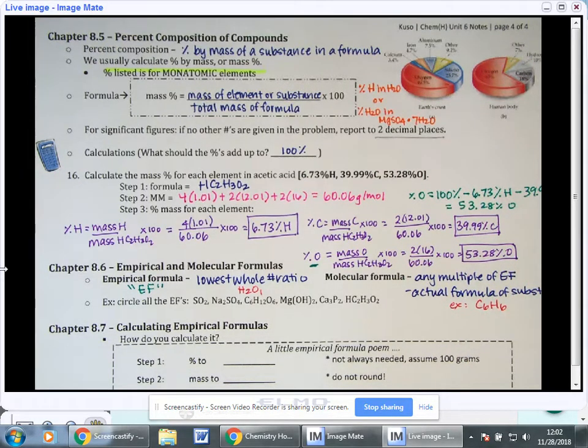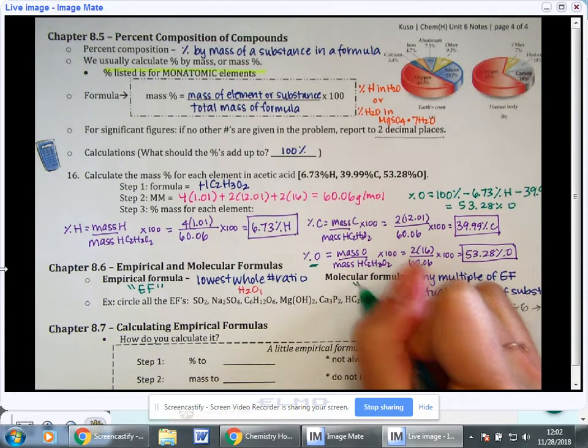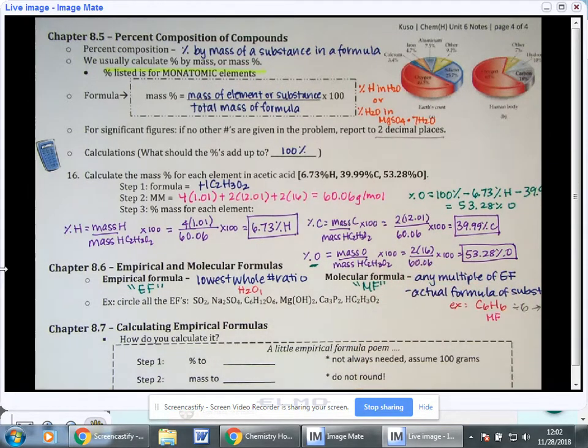If I have C6H6, that's called the molecular formula because you could divide both of those subscripts by 6 and simplify it to CH. We would call the C6H6 the molecular formula, and then we would call the CH that I simplified the empirical formula.